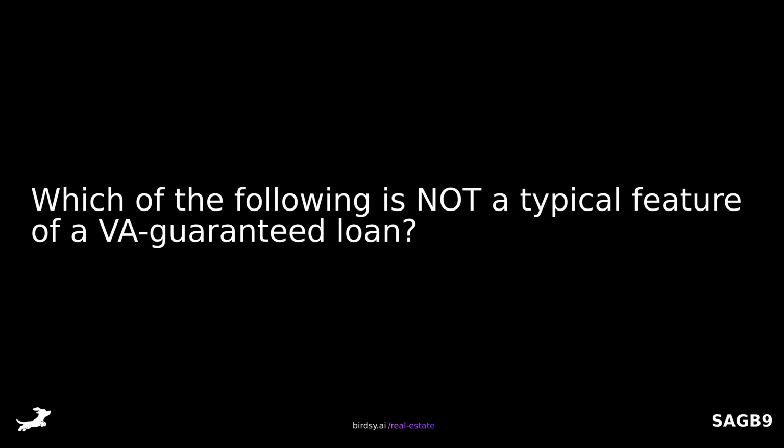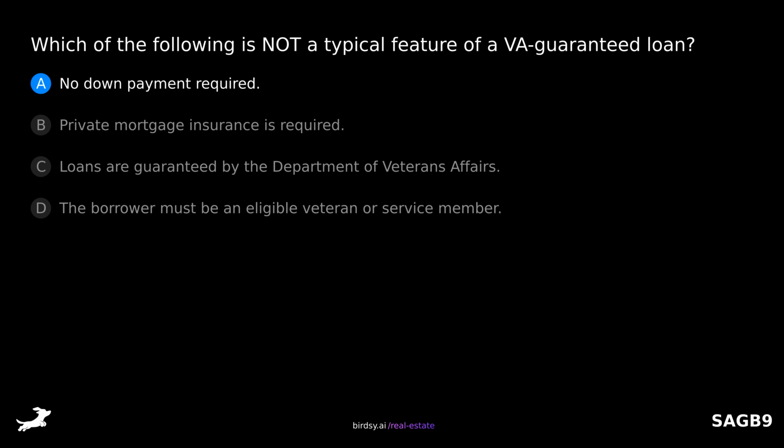Which of the following is not a typical feature of a VA guaranteed loan? Is it A, no down payment required? B, private mortgage insurance is required? C, loans are guaranteed by the Department of Veterans Affairs? Or D, the borrower must be an eligible veteran or service member?